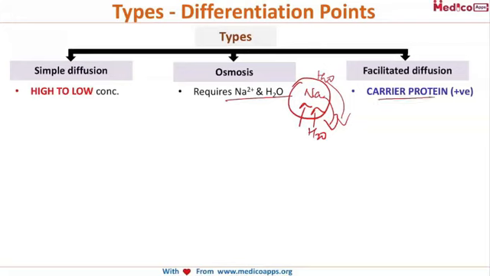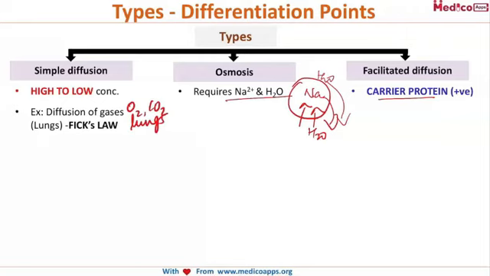Facilitated diffusion, we have seen that it requires a carrier protein. Coming to the example of simple diffusion is the diffusion of oxygen and carbon dioxide in the lungs, okay, and it follows the Fick's law. We have just seen what the Fick's law is, right. So, that is the example of simple diffusion.